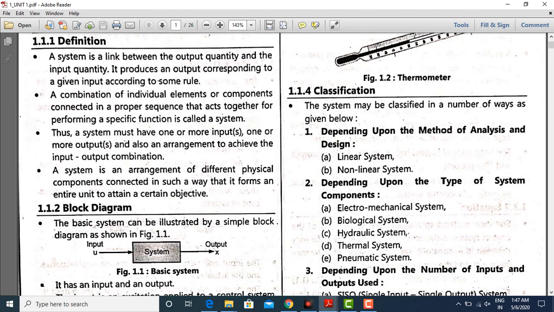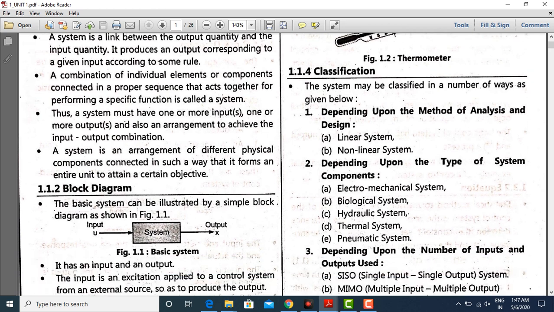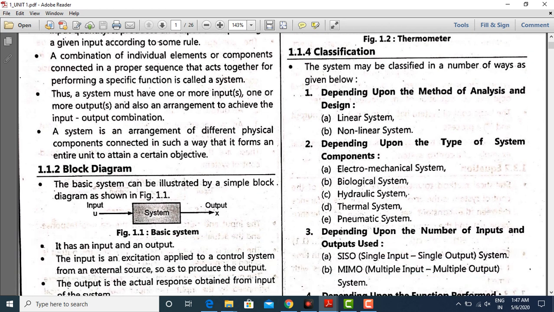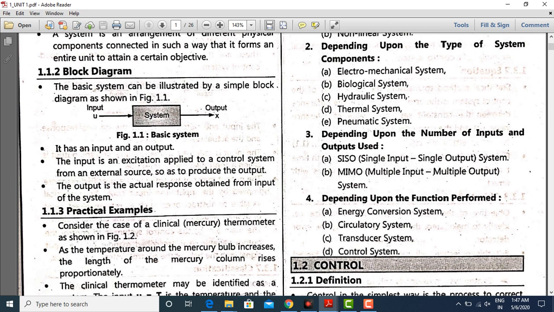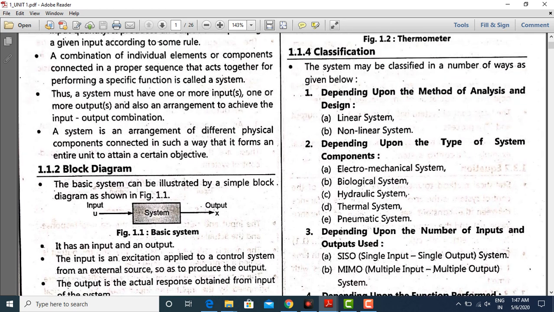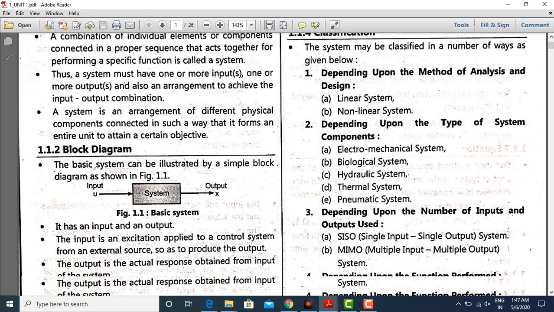Now moving towards next, the classification of the system is in 4 ways. Depending upon the method of analysis and design: linear system, non-linear system. Depending upon the type of system, there are 5 categories, that is electromechanical, biological, hydraulic, thermal, pneumatic system.